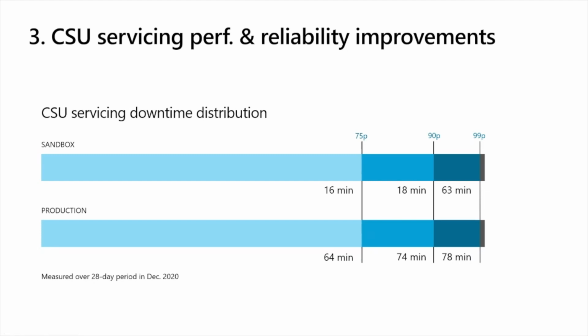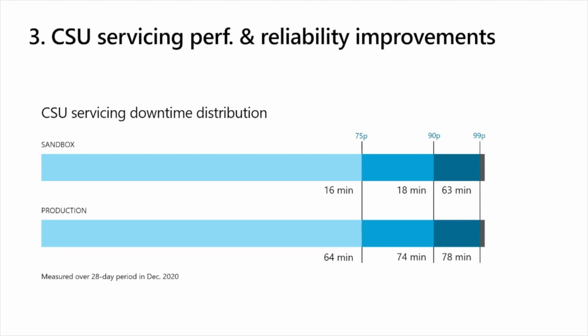We are in the process of rolling out that support for CSUs in your production environment as well. So you can expect to see considerable improvements in your production environment CSU deployment, comparable to what you see in sandbox.